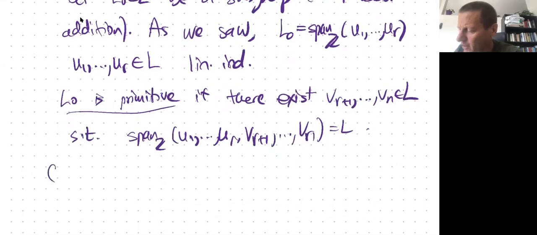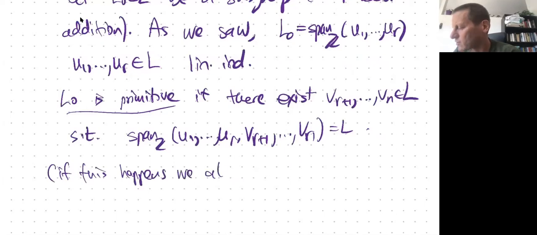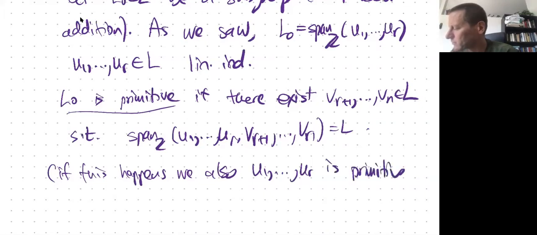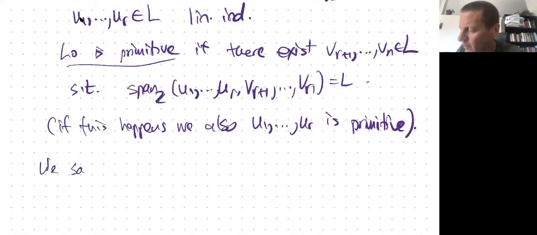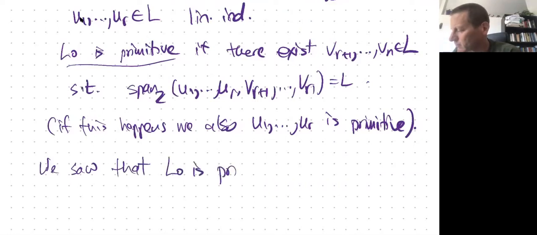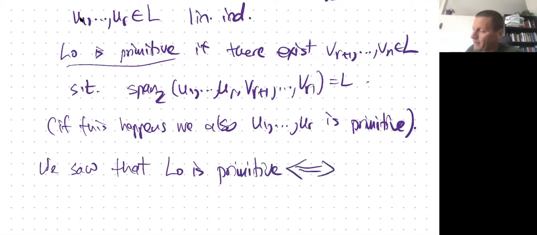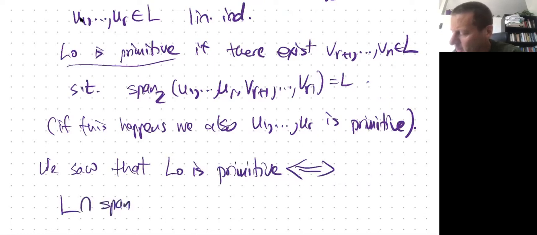And if this happens, we also say that this tuple is primitive. And we saw that this happens if and only if, this is something I proved in lecture 1, the intersection of L with the span over R of L0 is L0.